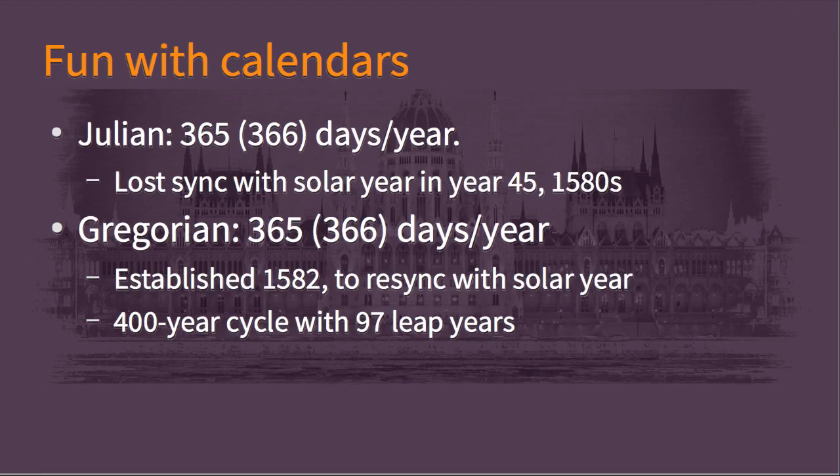And the Gregorian calendar is famous for having a 400-year cycle where in the course of 400 years there are 97 leap years, mostly every 4 years, but not some of the time and unexpectedly some of the time in part of the 400-year cycle. So that's a calendar.